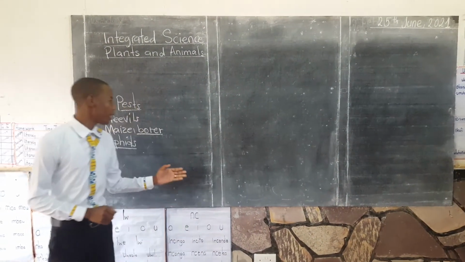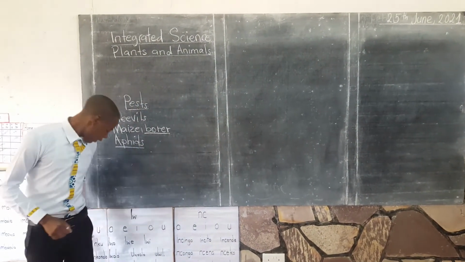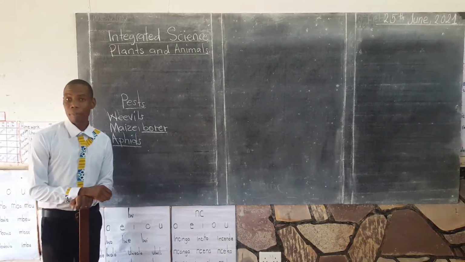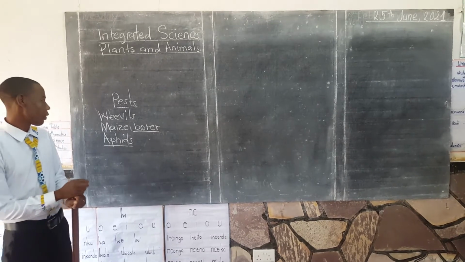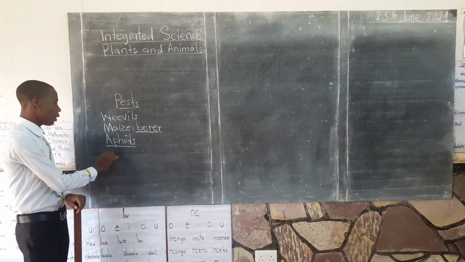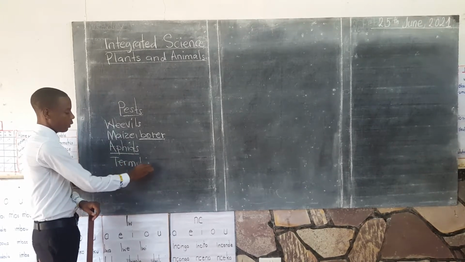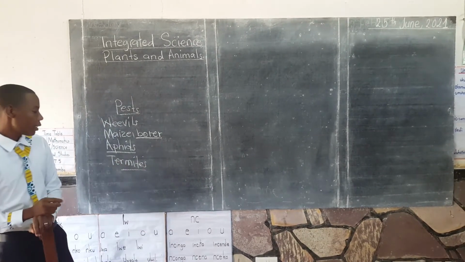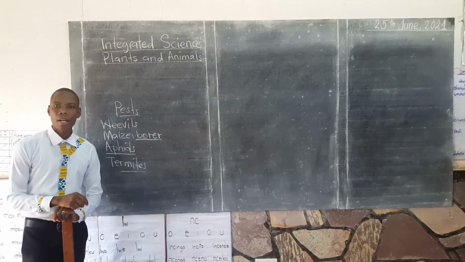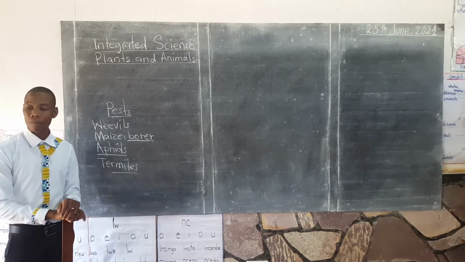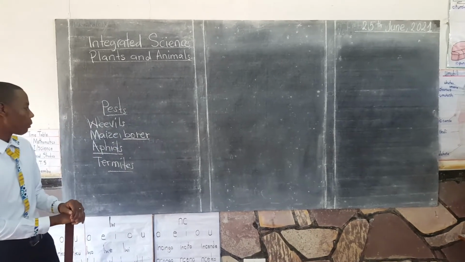Apart from that, we said they suck the sap from the plants of vegetables. Apart from aphids, we talked about termites. We said termites usually love to attack small plants, such as young plants of maize and young plants of vegetables.